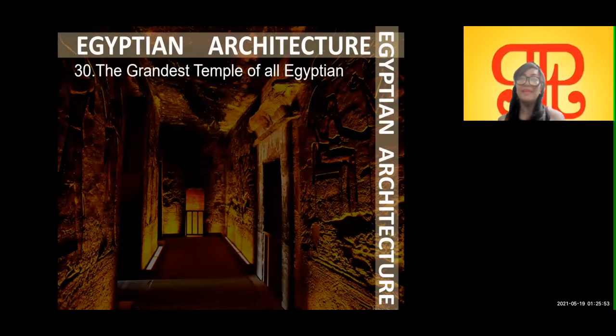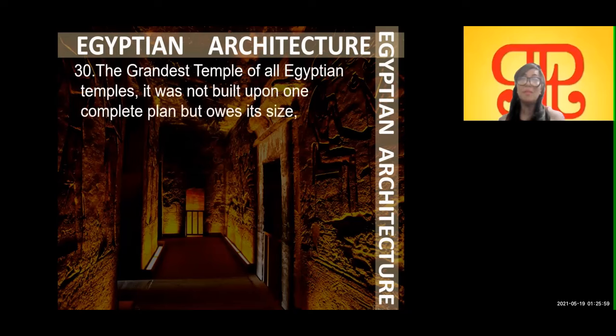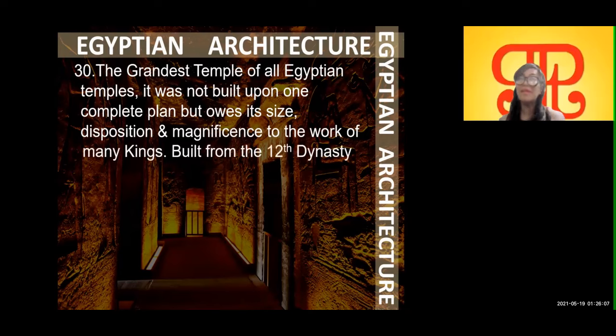Okay, 30. The grandest temple of all Egyptian temples. It was not built upon one complete plan, but it owes its size, disposition, and magnificence to the work of many kings. And this is built from the 12th dynasty to the Ptolemaic period.